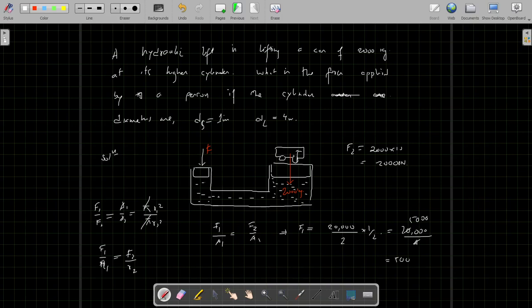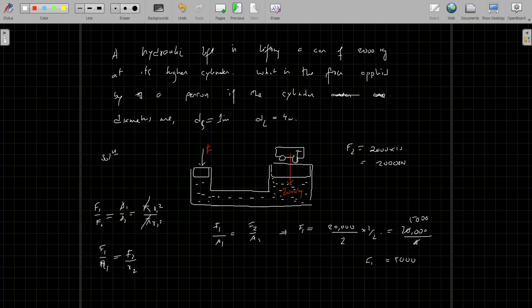So 5,000 Newton is the force applied. That means 5,000 Newton, remove 10, around 500 kg force. So if you remove this, how much mass of force you need to apply? If I remove 10 from here, the mass would be 5,000 Newton divided by 10.